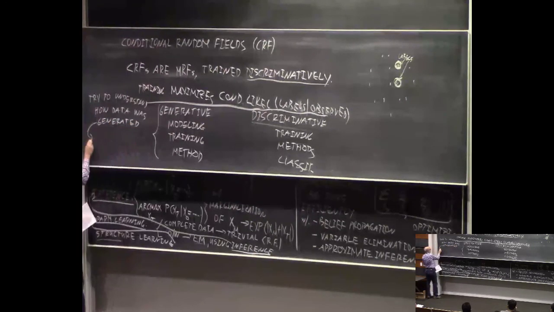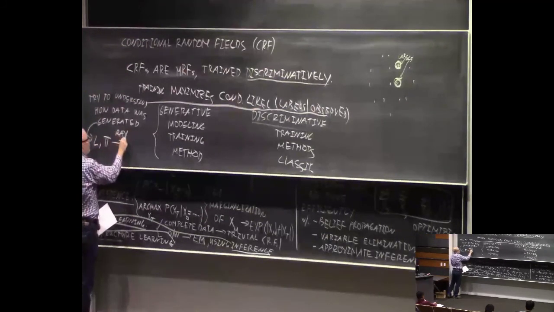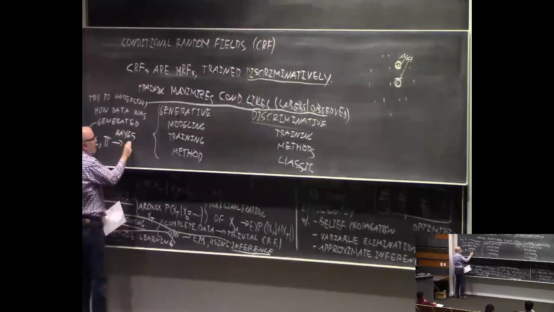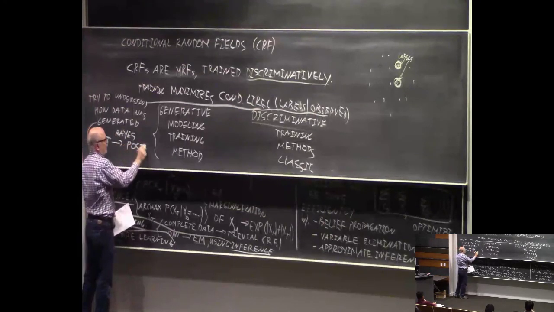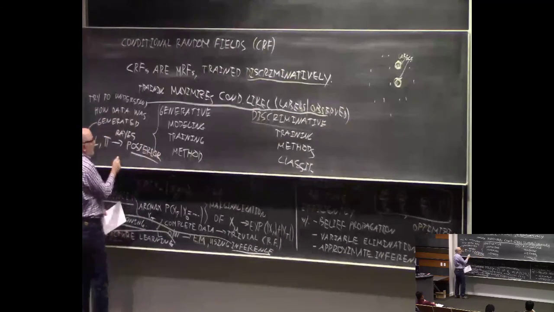This gives you a likelihood function. Combine it with a prior, with Bayes' formula, get a posterior, and then use your posterior, for example, by maximizing posterior.